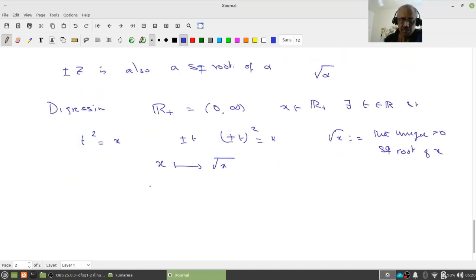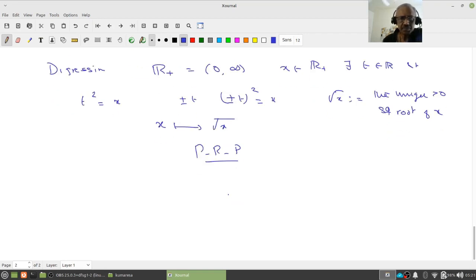Please understand. We will go forward. So now let's look at alpha. Since alpha is non-zero, I can write it as mod alpha times e power i t for some t in R. Therefore, I want to find the square root. There is an obvious choice.